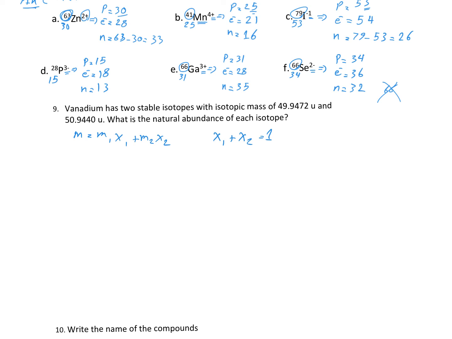Okay, so first let's write down the given information. Vanadium has 2 isotopes. The mass of the first isotope, M1, is 49.9472, and M2 is 50.9440.